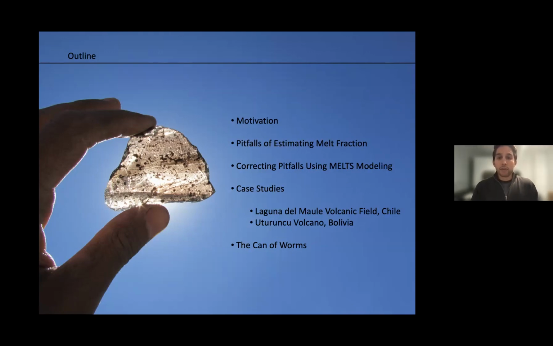And then I'll finish off with two case studies, one from Laguna del Maule, volcanic field in central Chile, and then another one from Uturuncu volcano in Bolivia. And like any good science problem, when you try and correct one problem, you end up maybe opening a can of worms. So I'll talk about that at the end of the talk.